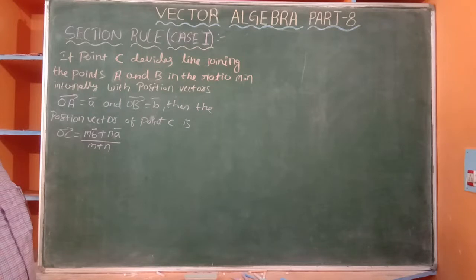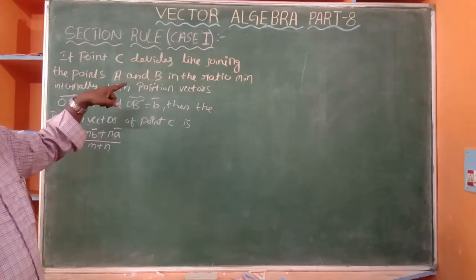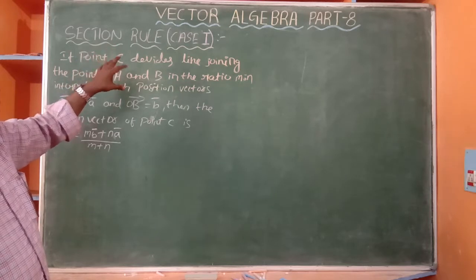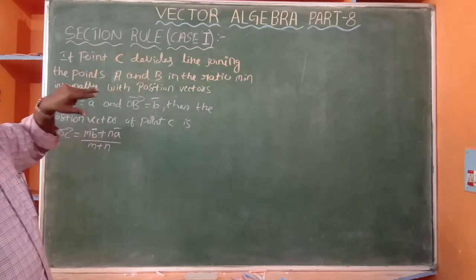Two properties are there. That is section rule. Its name is section rule, that theorem name, property name. It is also case 1 and case 2.